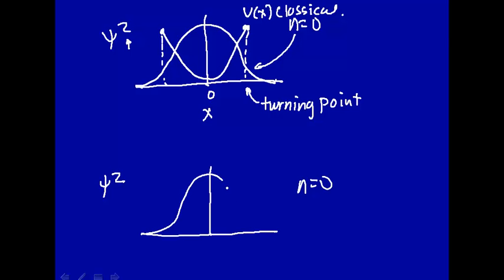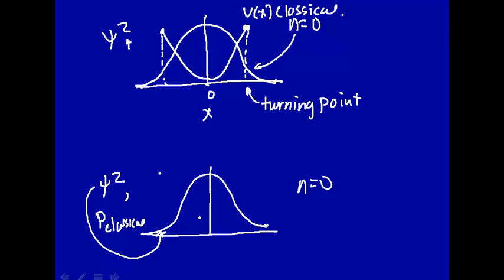Also, let's look at the probability density again for, say, the n equals 0 state. It goes something like this. And let's look at the probability density for classical. So this will then be the quantum mechanical. Classically, what do you find? Well, as the particle starts up here, it goes faster and faster, and then goes slower and slower.